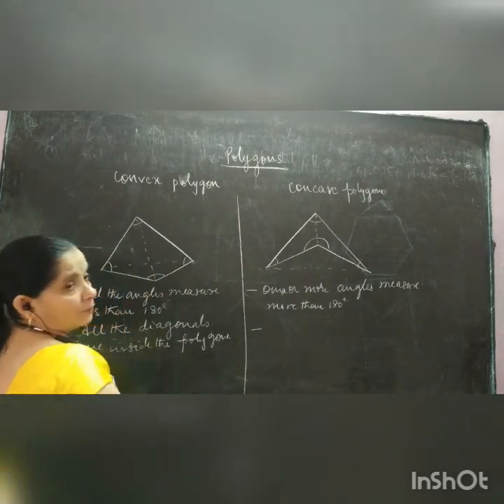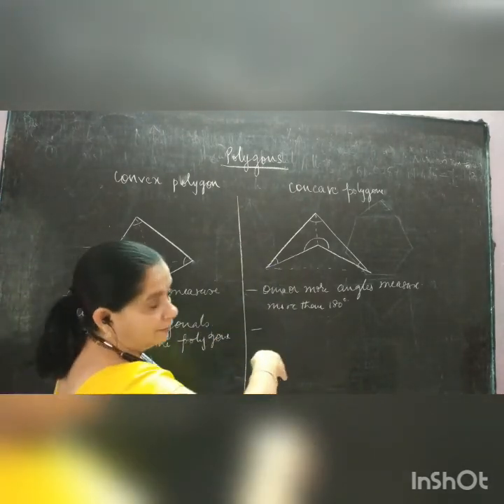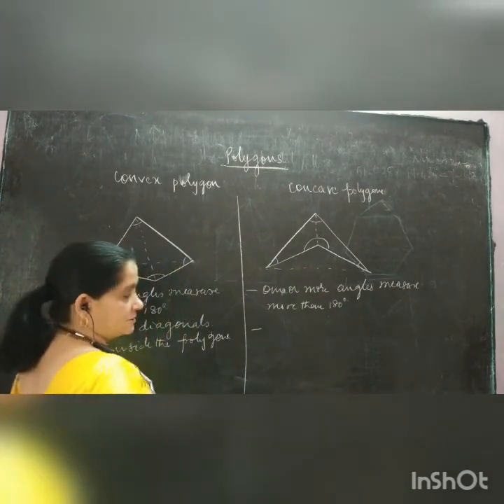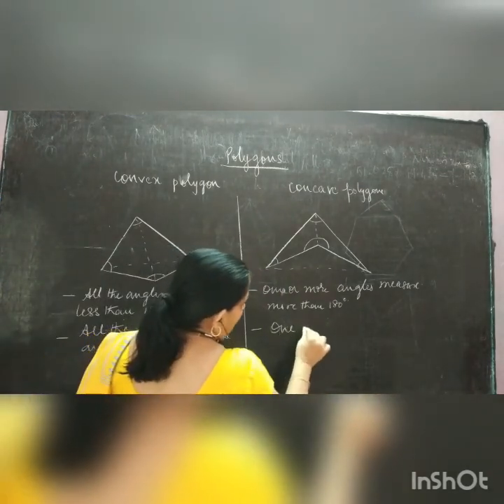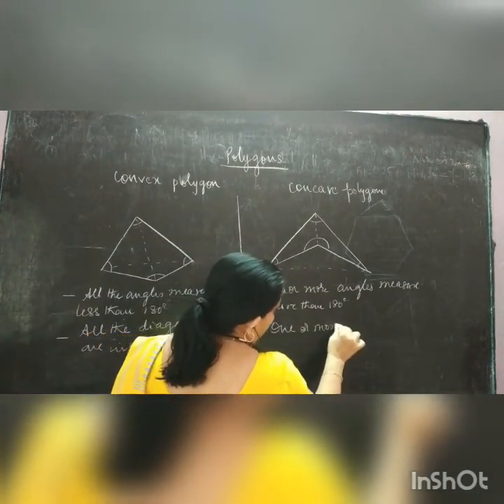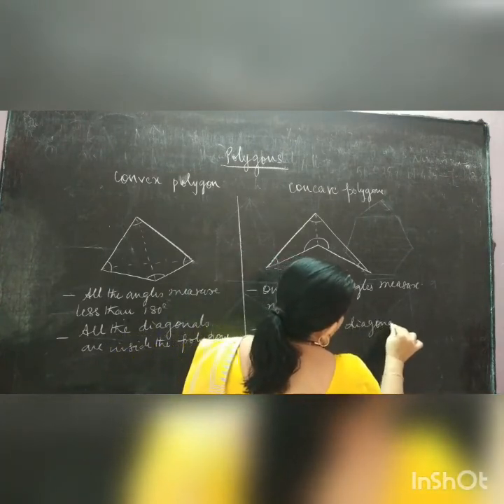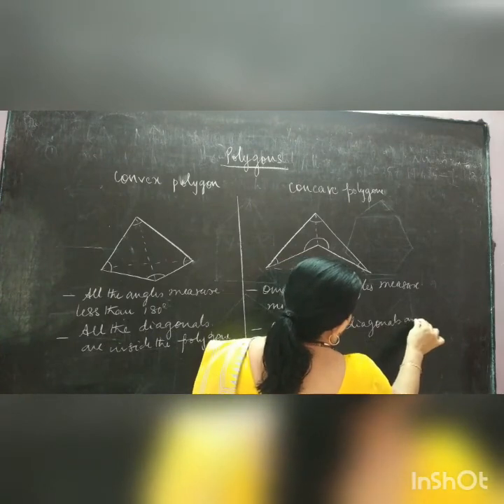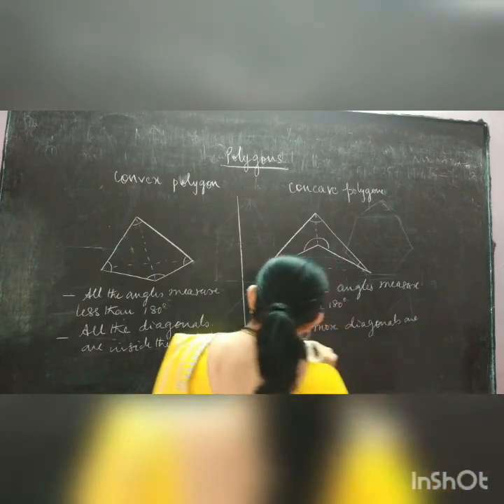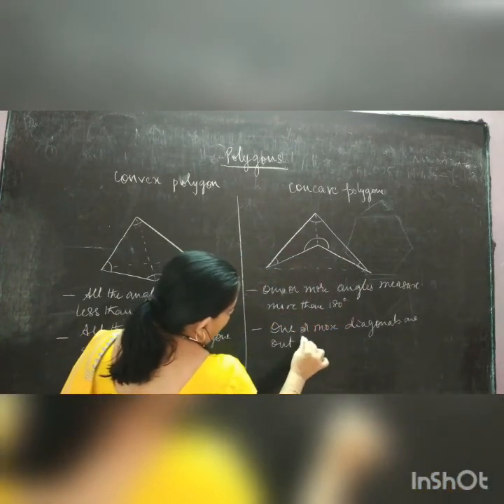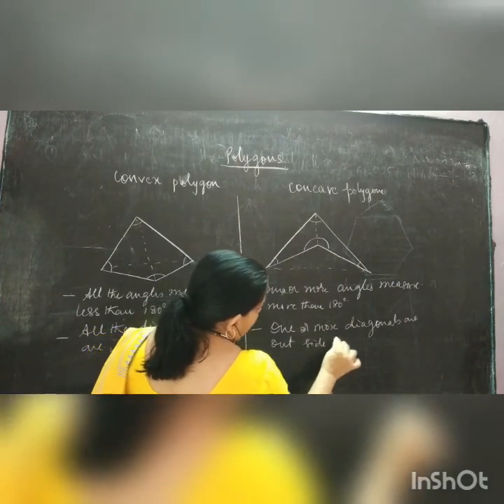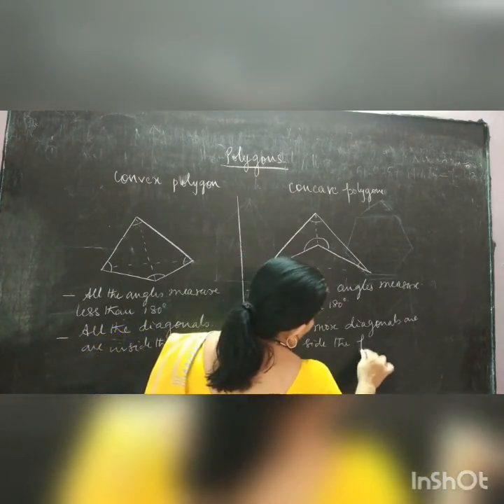Here one or more. In quadrilateral it is one. In other polygons it can be more. One or more diagonals are outside the polygon.